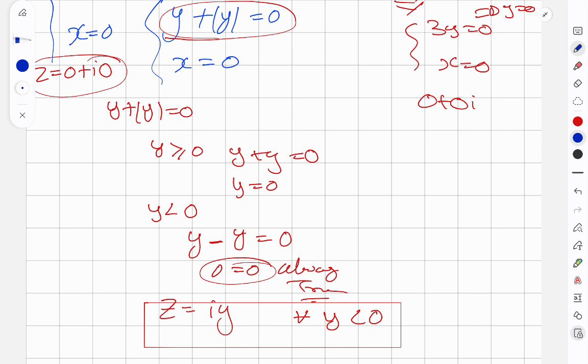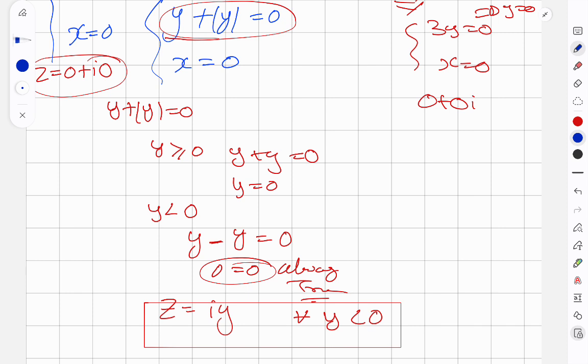How? You know how the modulus absolute value function works? Whether the value is positive or negative, if it's positive there is no change. The modulus function works like this: if your x is positive, you get x.